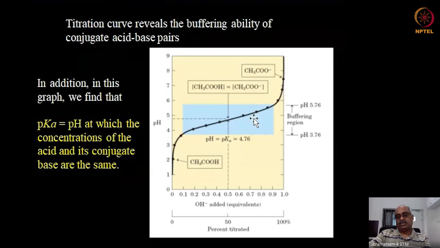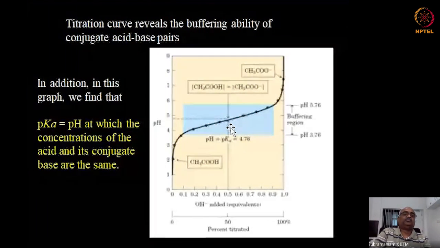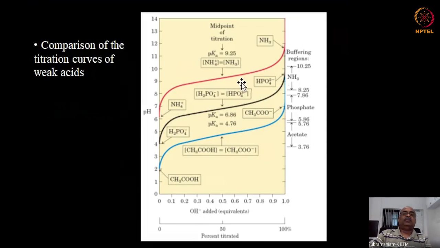So in a narrow range, depending on the molar concentration of the buffering system that you have, it will resist the change of pH up to a certain amount of added acid or base. This is the same thing, a titration curve for different weak acids.